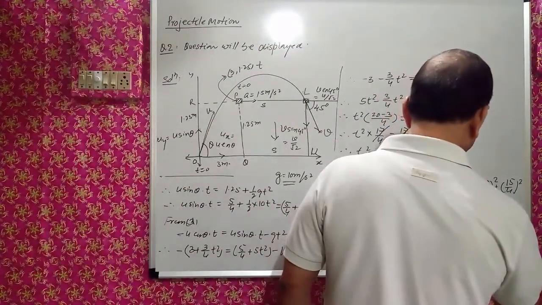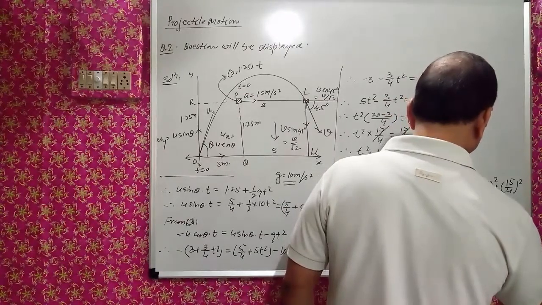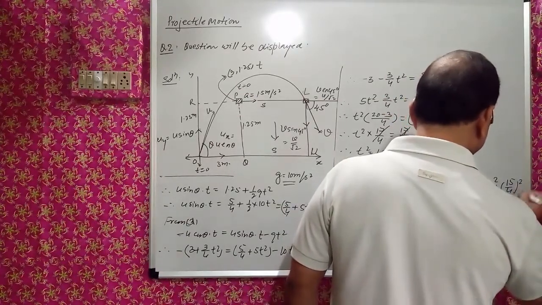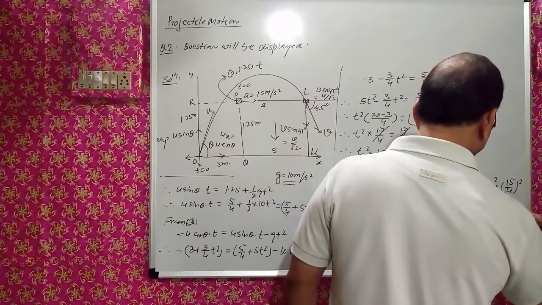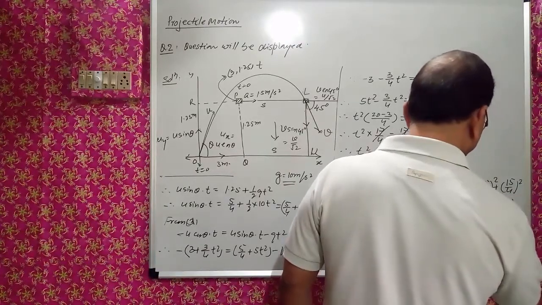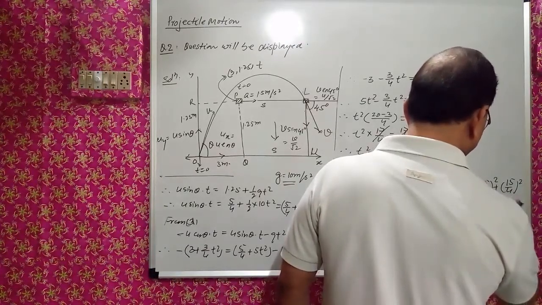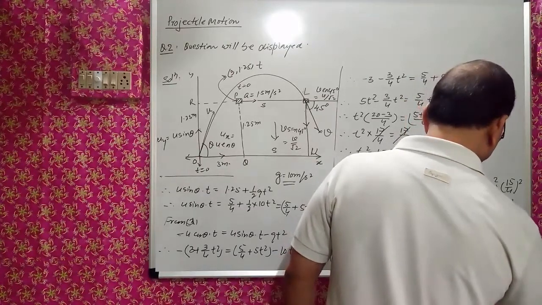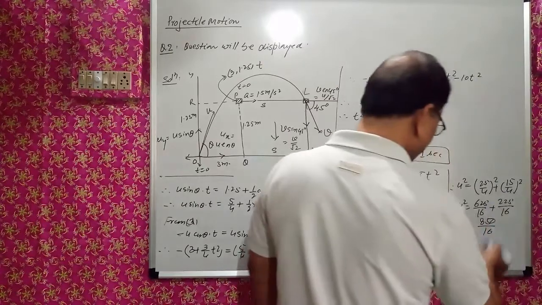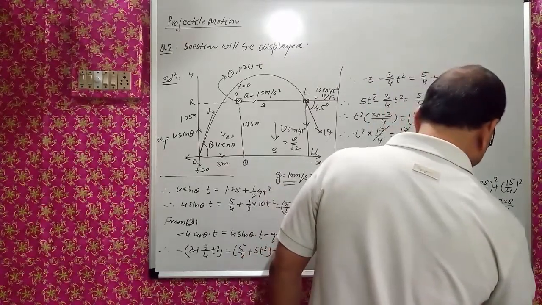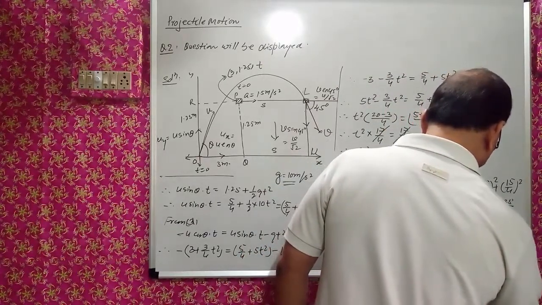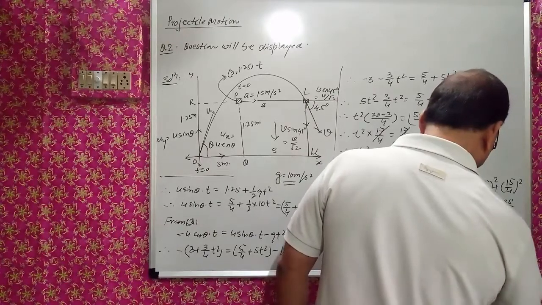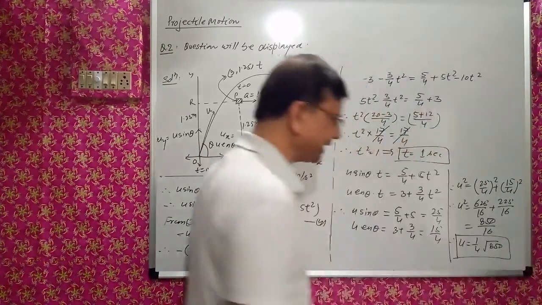Therefore, u square is equal to 625 by 16 plus 225 by 16. If you add, you will get 850 upon 16. So therefore u is equal to 1 by 4 under root 850. This can further be simplified.